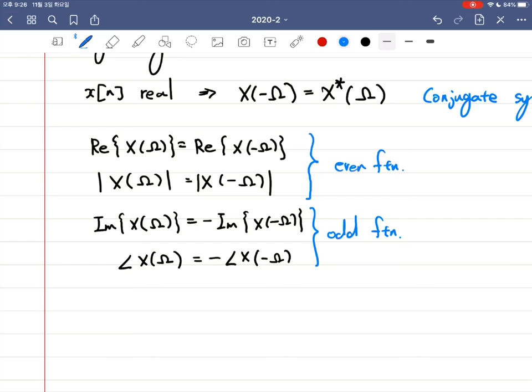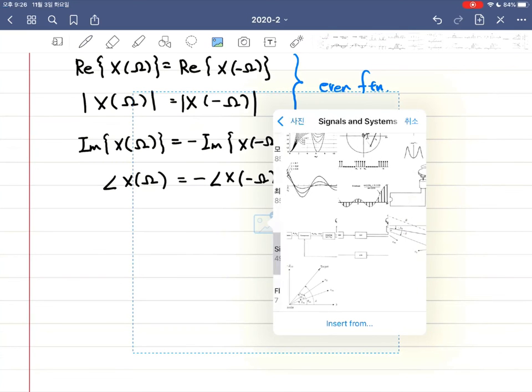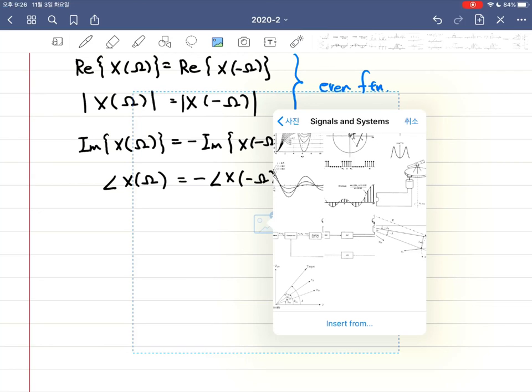So I would like to remind you of the example that we did to express the properties of periodicity and symmetry.